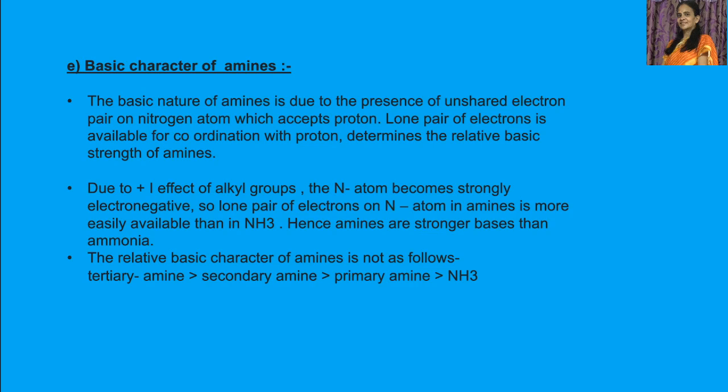So due to plus I effect of alkyl groups, what happens? Plus I effect in the sense electron releasing groups. So these alkyl groups release electrons towards nitrogen. Thus, the electron density of nitrogen atom of amines increases. Thus, it acts as a good base, or the strength of the basic nature increases.